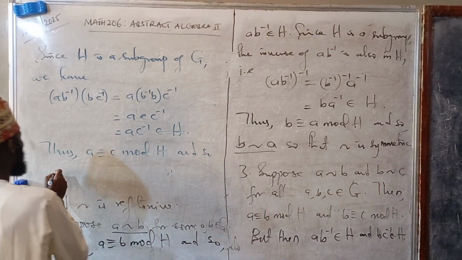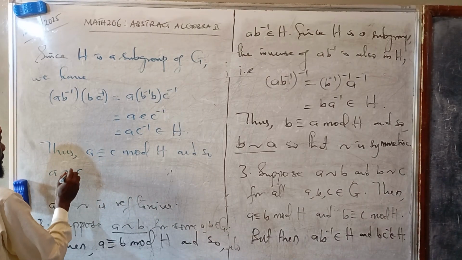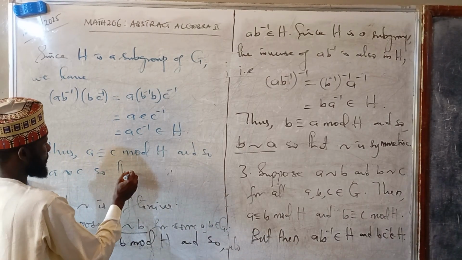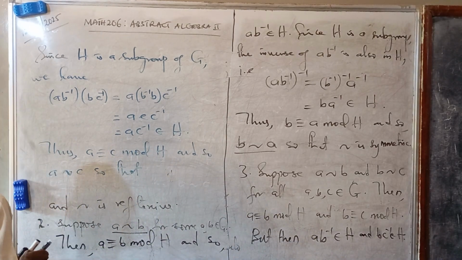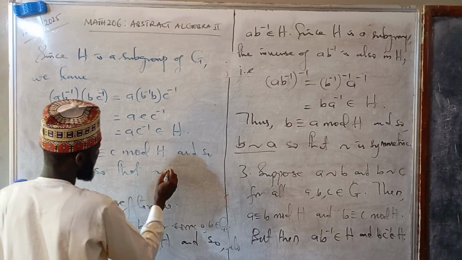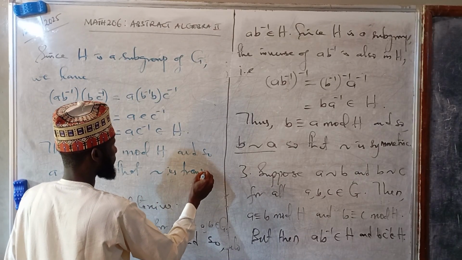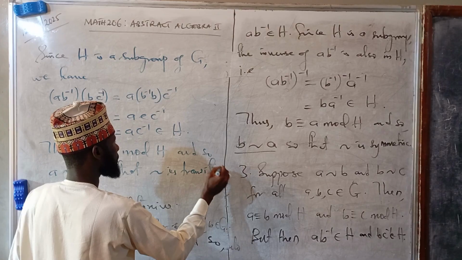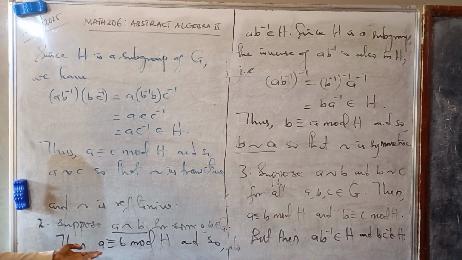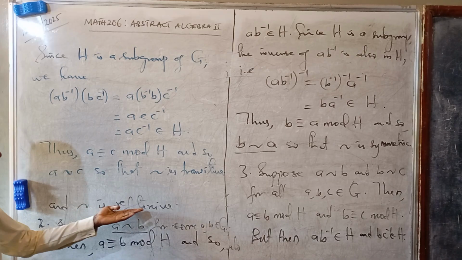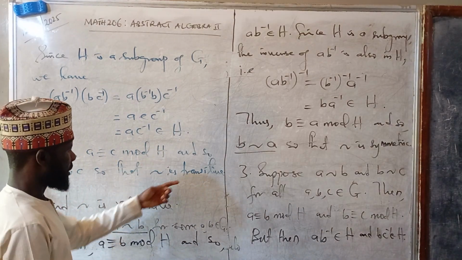And so A is related to C, so the relation tilde is transitive. We have shown that the relation is reflexive, symmetric, and transitive.